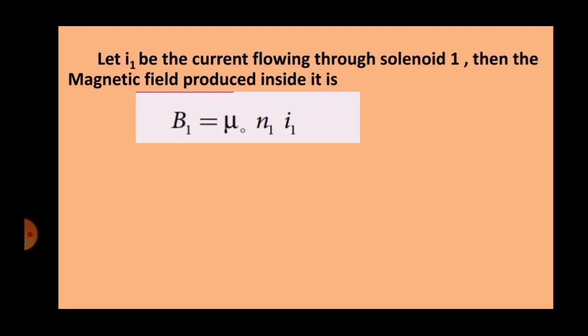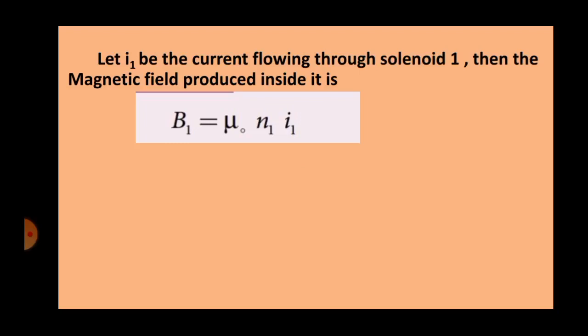Understand students? The mutual inductance of solenoids 1 and 2: the magnetic field is produced by solenoid 1, and this magnetic field passes through the area bounded by solenoid 2.